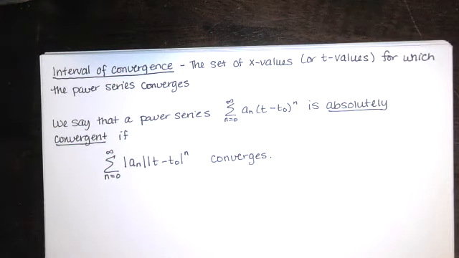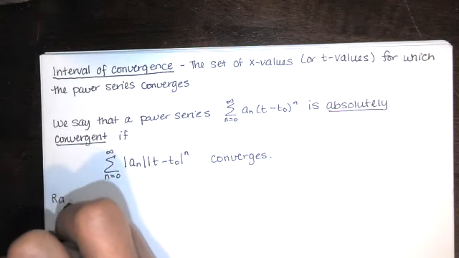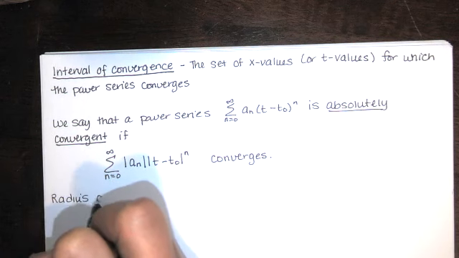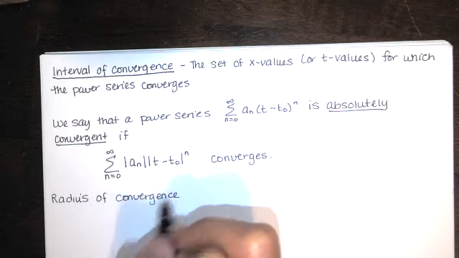Okay. And now I want to define another term for you. It's called the radius of convergence of a power series.